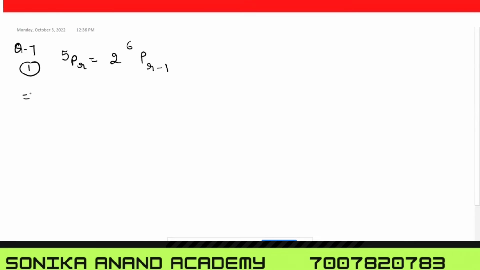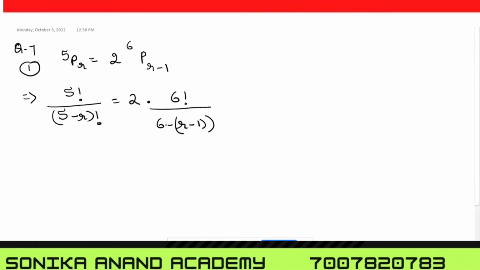Now I can write 5 factorial over 5 minus r factorial. Clear? Then 2 into factorial 6 over 6 minus r minus 1 factorial.